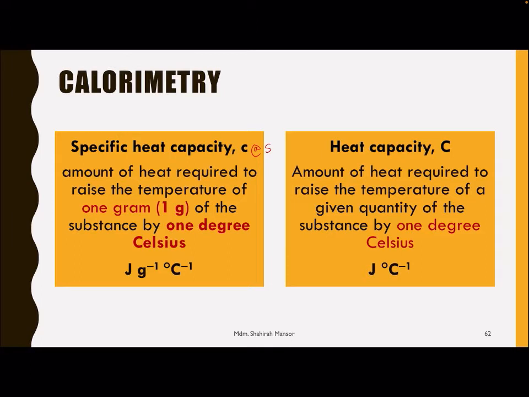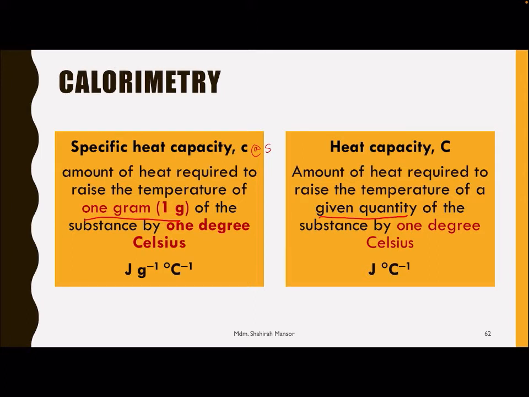It is the amount of heat required to raise the temperature of 1 gram of the substance by 1 degree Celsius, and the unit will be joule per gram per degree Celsius. And the heat capacity, capital C, is the amount of heat required to raise the temperature of a given quantity of the substance by 1 degree Celsius, and the unit will be joule per degree Celsius.